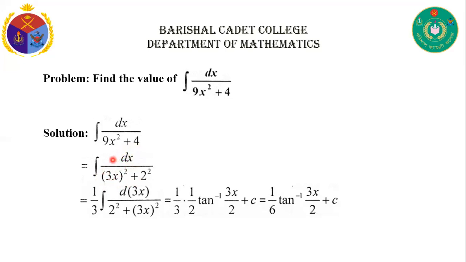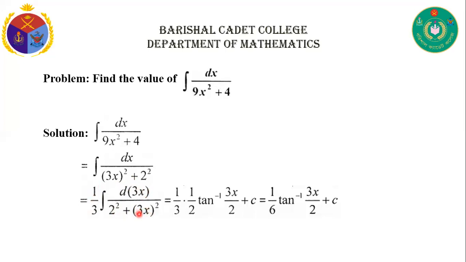Here we have to replace the variable x with 3x. The differentiation of 3x is 3, so here we take 1 by 3 and these 3 eliminate. I think you understood. And divide by 2 square, that is a square plus x square, and here x is 3x.